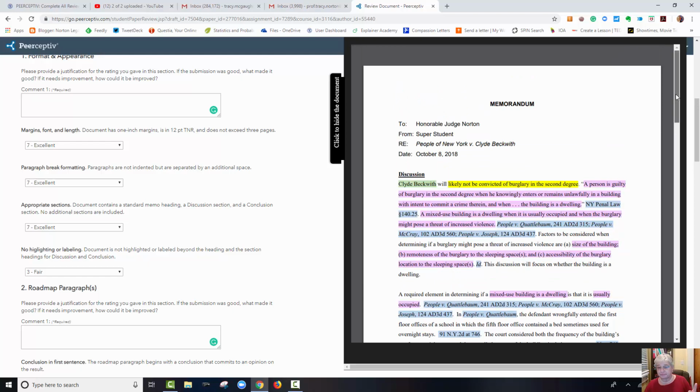Now, you've given one criteria a fair and all the others are 7s. You don't need to worry so much about hurting someone's overall score. First of all, the algorithm is pretty complex, and so an individual's ability to affect somebody's score higher or lower is pretty minimal.